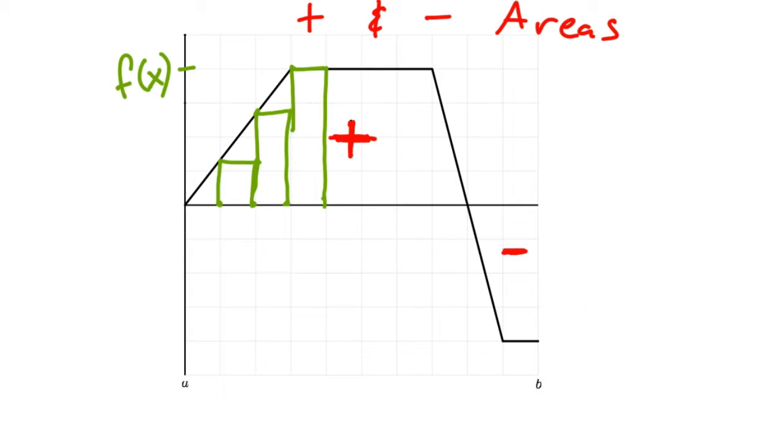And so if you find the area of these rectangles above the x-axis, the y value is going to be positive. But notice that if you go down here, for example, let's say I take this rectangle right here, the y value right there is going to be negative. So when you multiply the width, which is delta x, times the height, it is going to be a negative number. And so this area down here is going to be counted as negative.